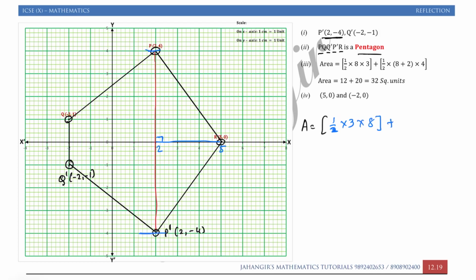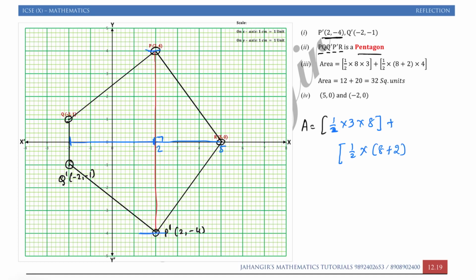This is my first part, plus half into the sum of parallel sides for the trapezium. These two are parallel. If you see the blue lines, these are the parallel lines. So the first parallel line is 8 units, the second is 1 to minus 1, that is 2 units, and the difference between them, this part is the difference between them.